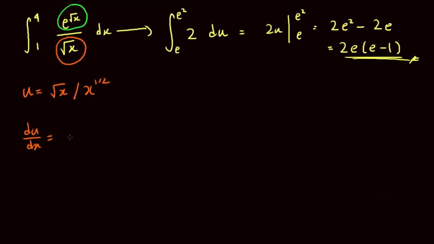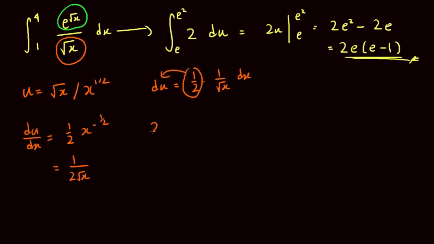It is just half x to the power of negative half, which we can write as 1 over 2 root x. So du is half times 1 over root x dx, and you bring that half to the other side, you'll have 2 du is equal to 1 over root x dx.